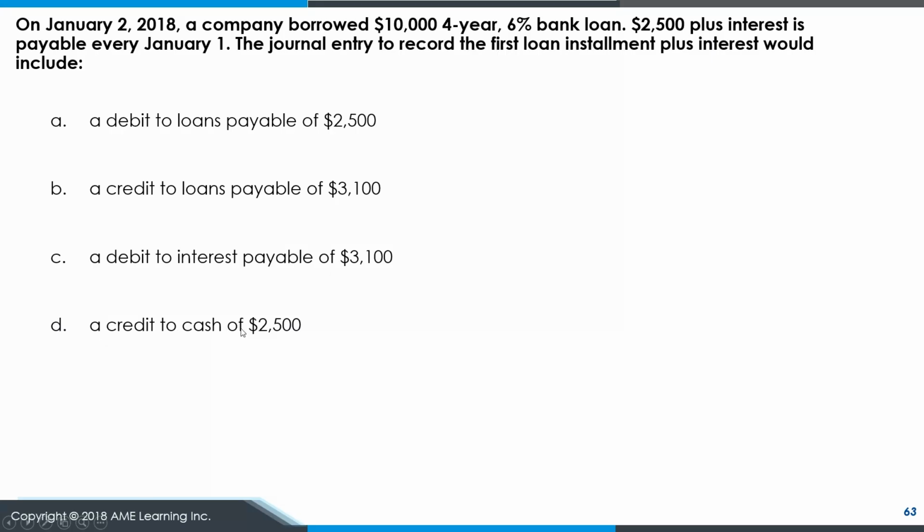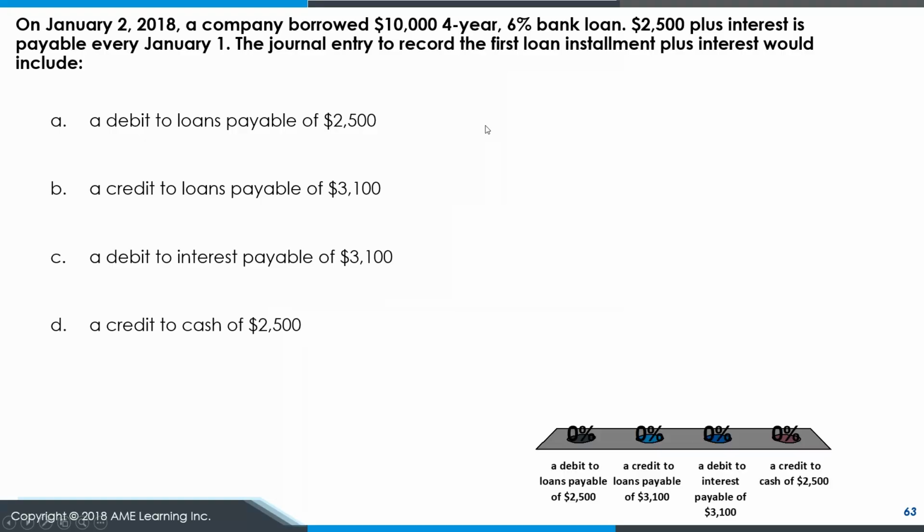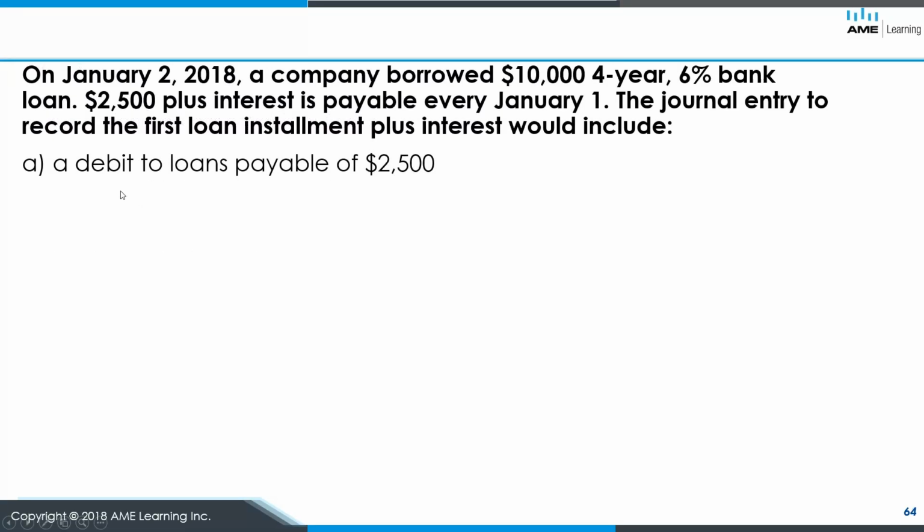And a credit to cash of $2,500 is too small, because not only are we going to reduce the $2,500 of cash to reduce the loan payable, but we're going to have to pay some interest back. I think it will be a full cash payment of $3,100, with $600 reflecting the interest portion and $2,500 being the principal. So again, a reduction in the liability of $2,500.